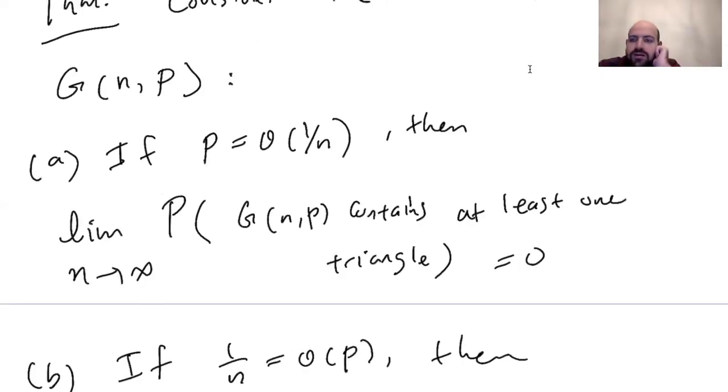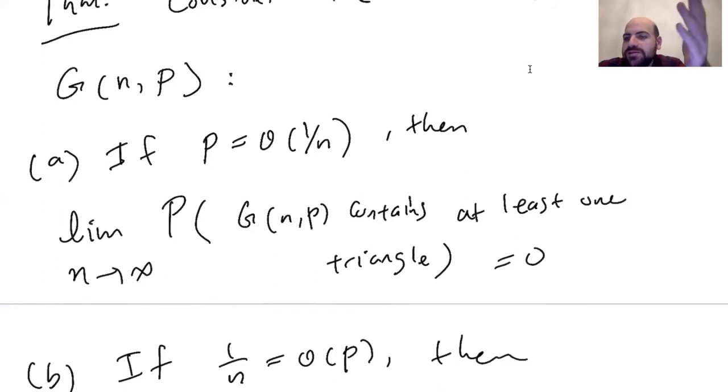As I promised you earlier, when you consider the random graph G of n and p, if p is smaller than some threshold, it would not contain a triangle. If p is small, the probability of one edge appearing is very small, so the expected number of edges would be small, and therefore our graph would probably not contain a triangle.